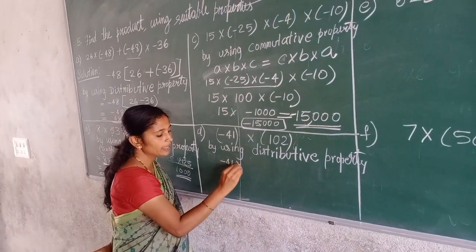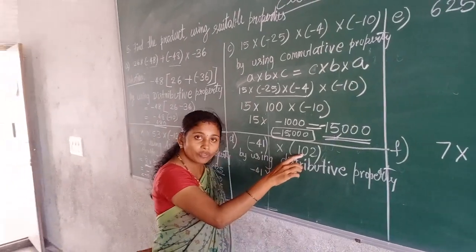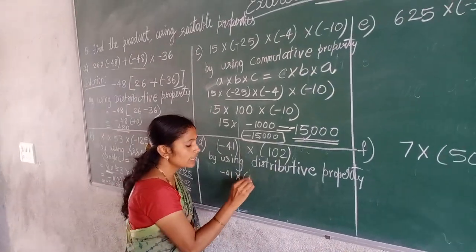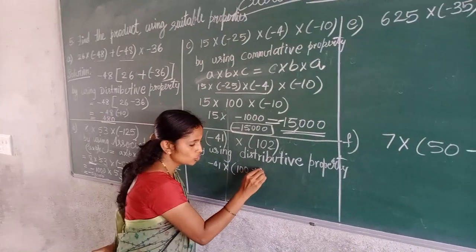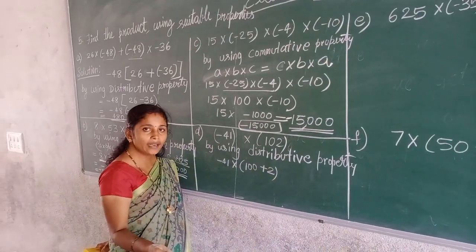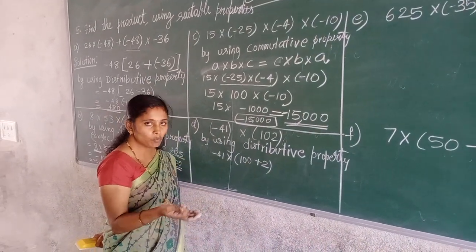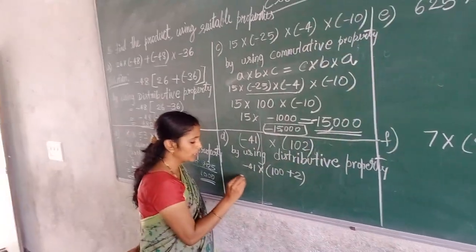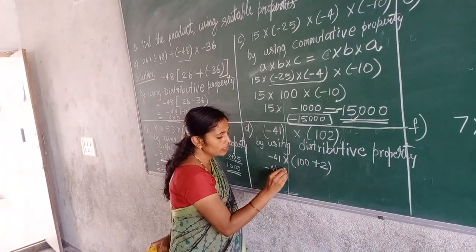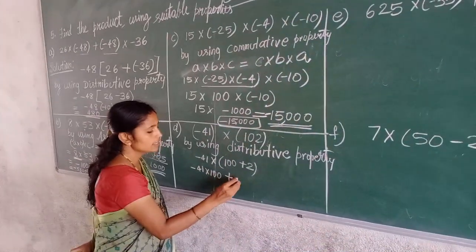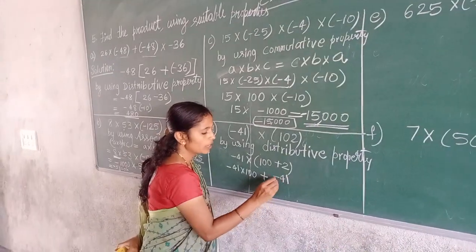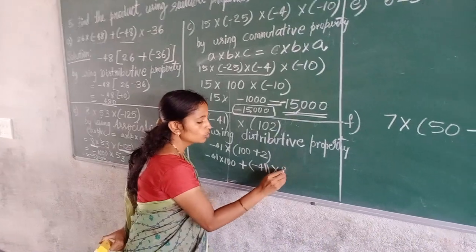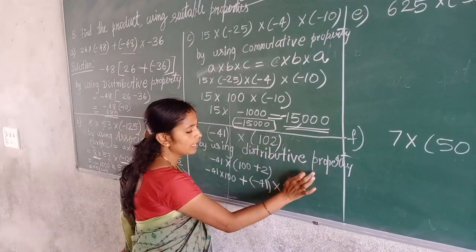Minus 41 into, instead of 102, you can take it as 100 plus 2. Both are the same. So now you can use the distributive property: minus 41 into 100 plus minus 41 into 2. So you will get the answer.